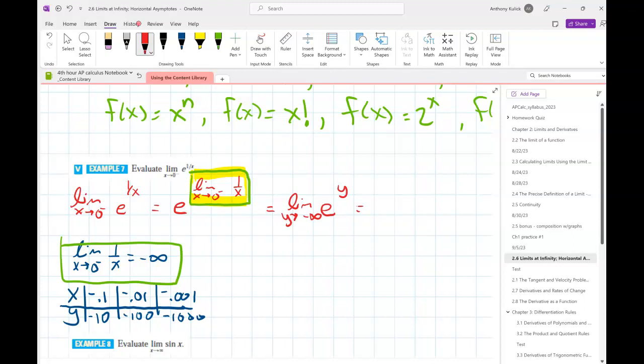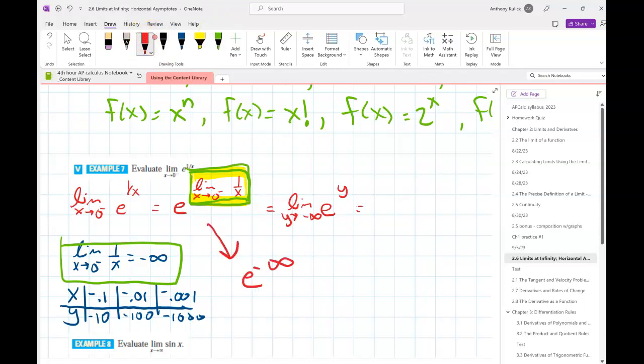Chanel: Wait, I don't understand what you did. Isn't it essentially the same thing, the y approaching negative infinity? I don't understand why you did the variable thing. Well, okay, so that equals negative infinity up there, right?